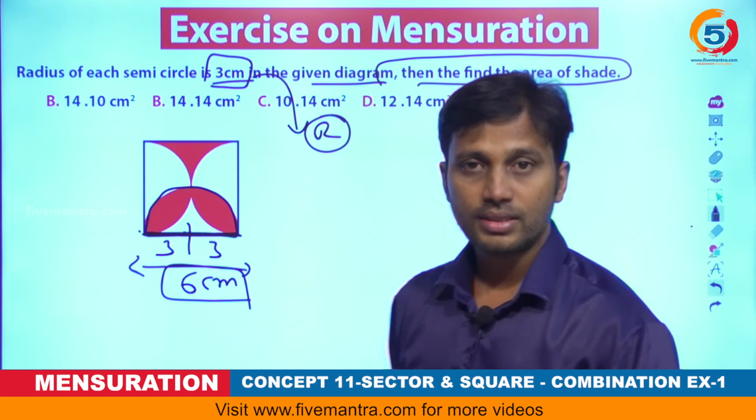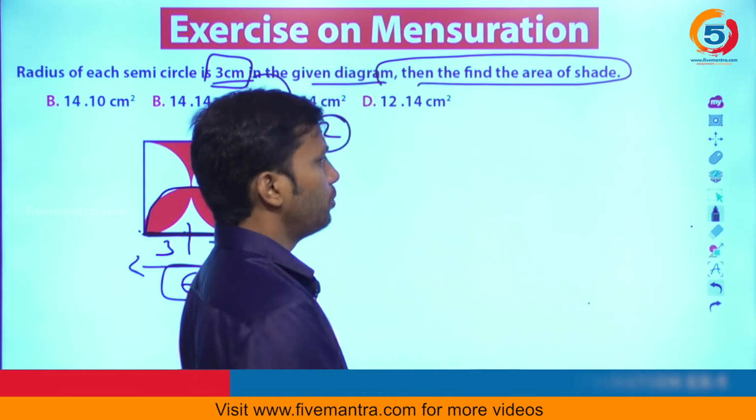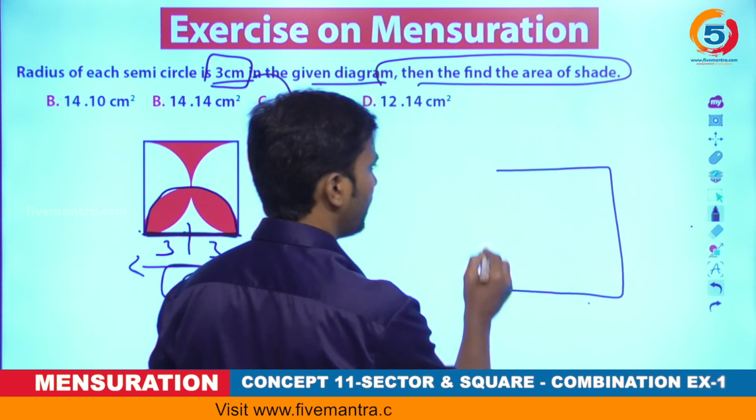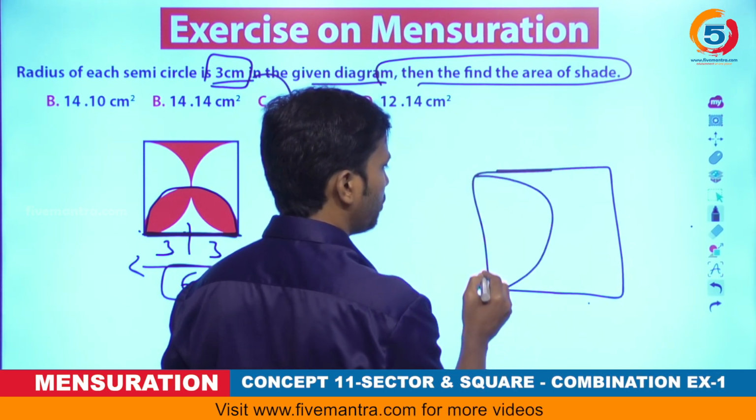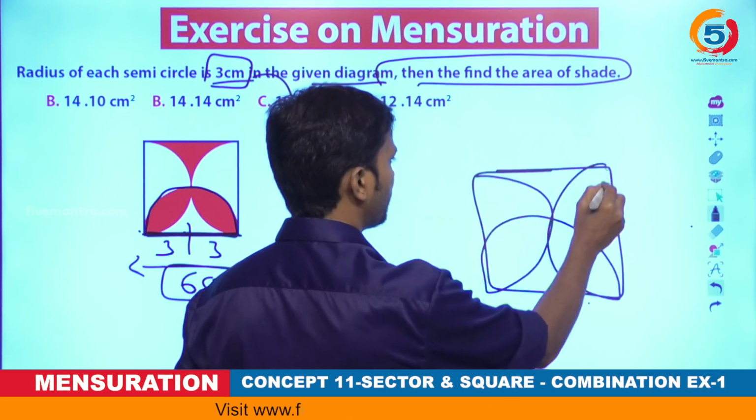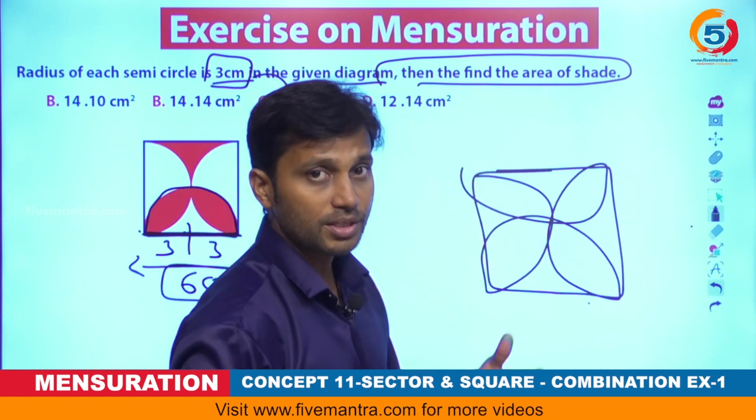Once again reminding you guys, this is only the mother diagram. You need to use the mother diagram. Once again, I am reminding you of the shortcut taught to you in the concept video.